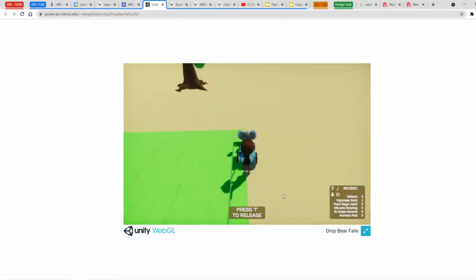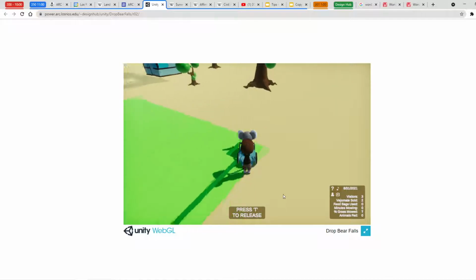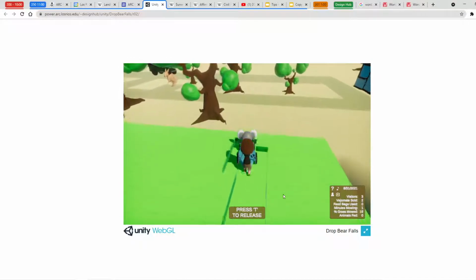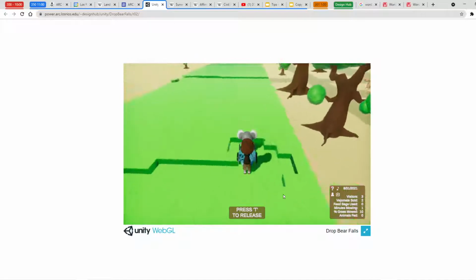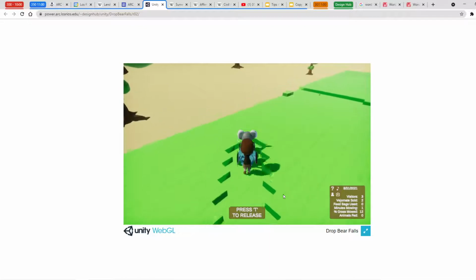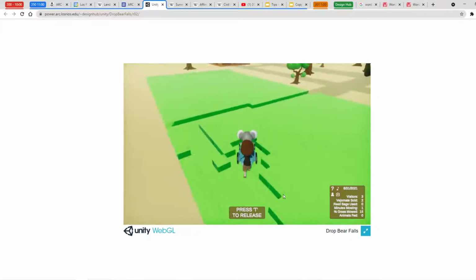And those of you who mowed lawns as a kid or as an adult know that you could probably do better than I'm doing, but you can see I'm up to about 11% of my grass mowed.